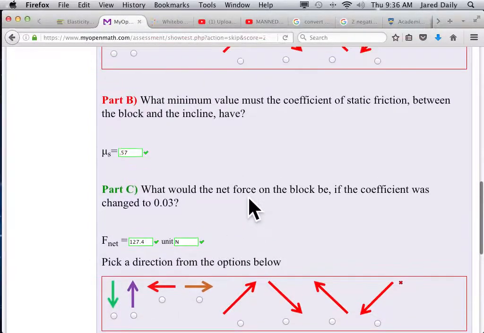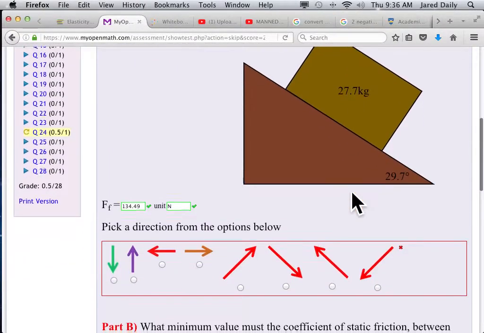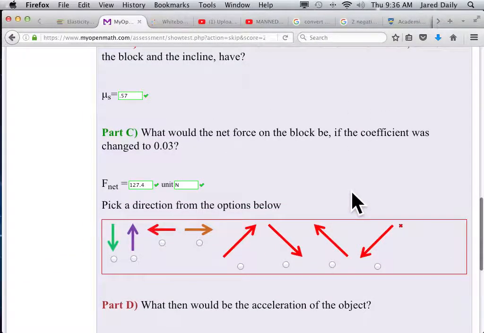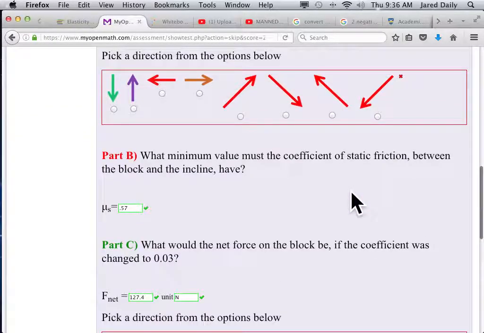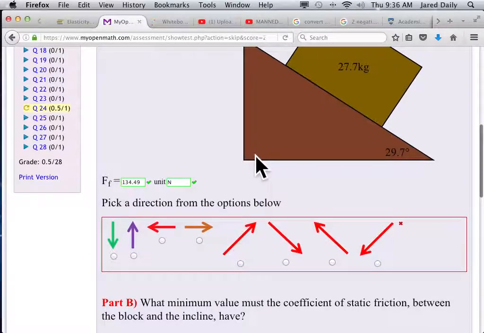So what would the direction for this net force be? Well, the friction is now less, right? So which way is this thing going to accelerate? Not the one down below. The one down below would be going down. Which one? Right there. This one? Yeah. Oh, the net force for this direction for the frictional force.